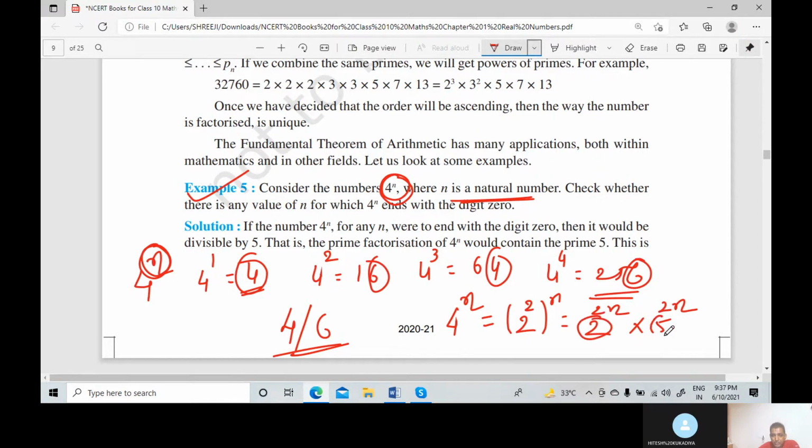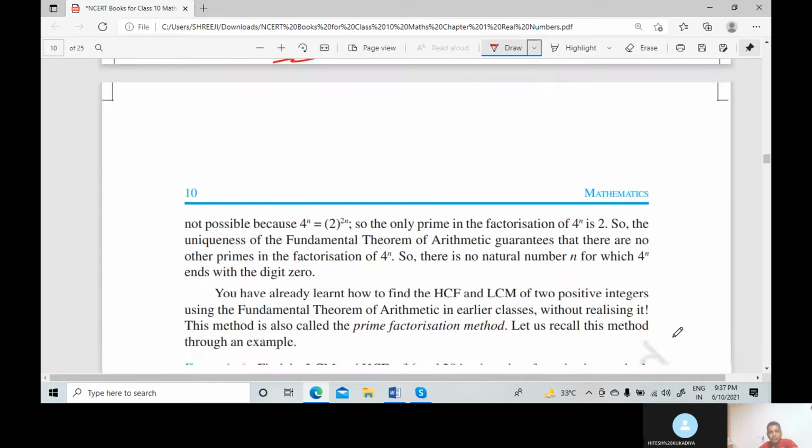So 2 into 5 is 10. Here we only get 2 raised to 2n; 5 raised to 2n is not possible here, right? Because 2 and 5 are the factors of 10. So the unit digit of a power of 4 can never be 0. Is that clear, students?